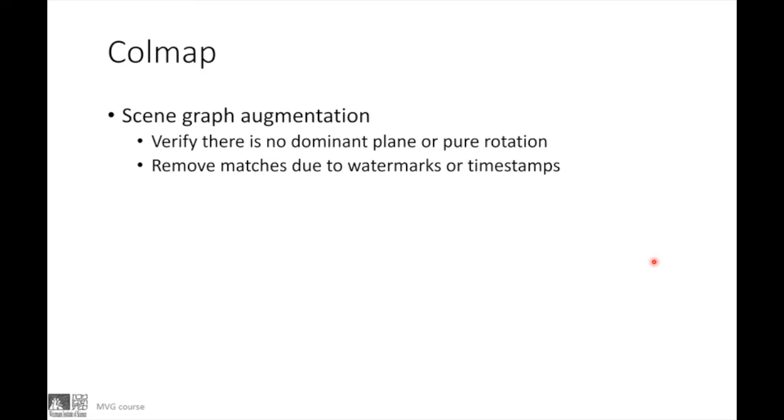And you want to remove point matches that are due to watermarks and timestamps. In many internet images, there are watermarks and timestamps from video, and these give rise to erroneous matches.